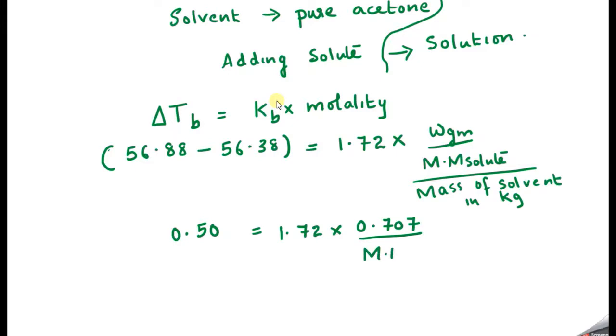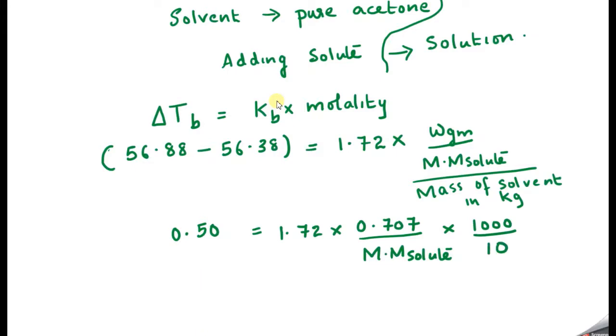So I will put here M solute, molecular mass of the solute, in the denominator. Since they have given the mass of the solvent in grams, we multiply by 1000, divided by mass of the solvent in gram.